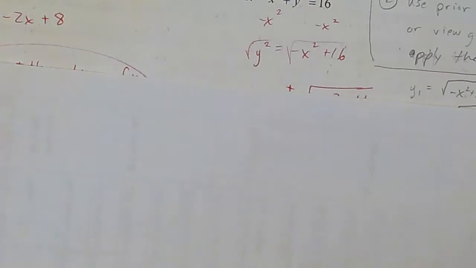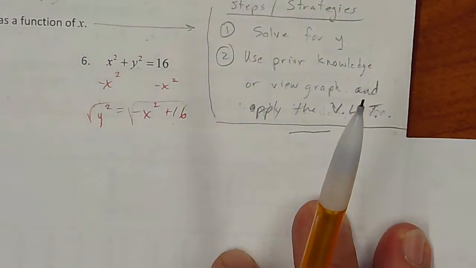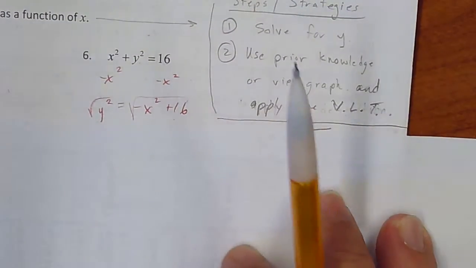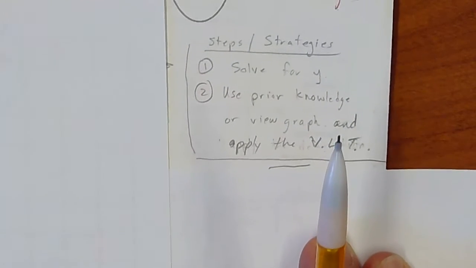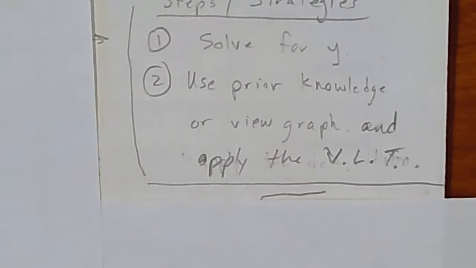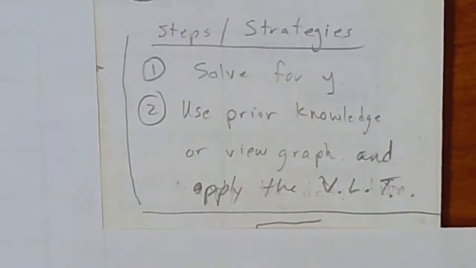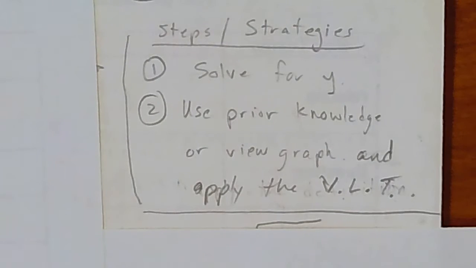Just like this. Okay, before we do it, I want you to write down these steps, the success criteria, off to the side. I put steps/strategies. The first step says to solve for y, if it's not already solved for you. Sometimes it is solved for y, but if not, you're going to want to write this in terms of y.